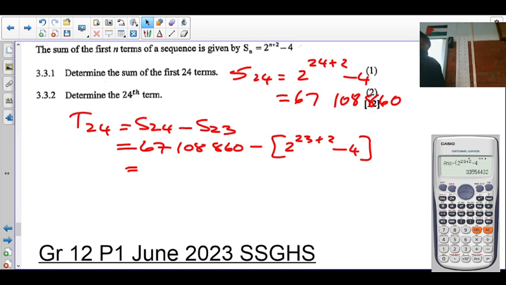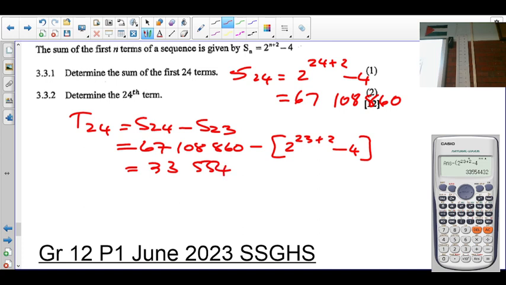Is that correct? Is that right? It's going to give you 33,554,432. So that's the value of term 24. Okay.